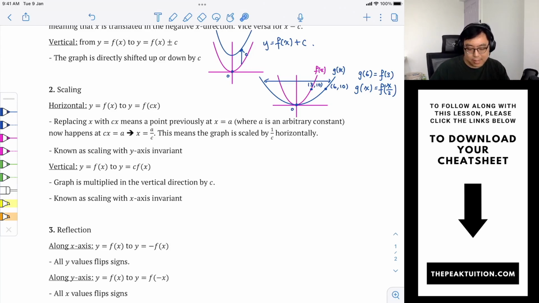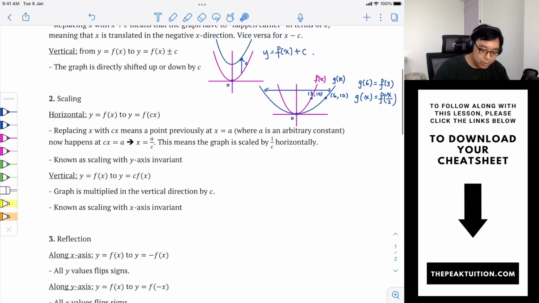So in the case of the horizontal scaling, it is also known as y-axis invariant. So sometimes it's called scaling, stretching with y-axis invariant. You'll notice that I use the words stretching and scaling quite interchangeably. They're actually the same thing.